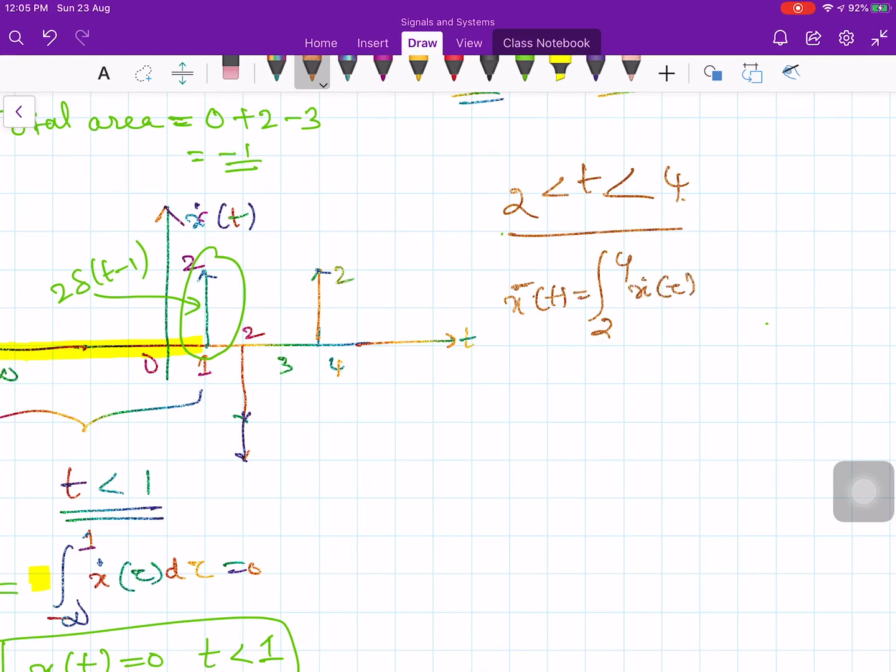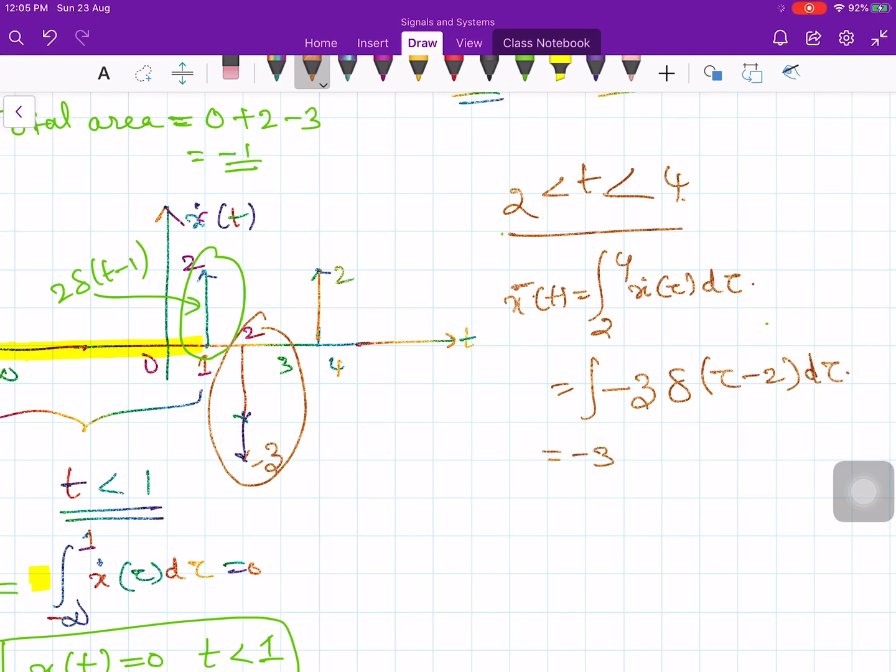d tau. In this interval, an impulse is located with an impulse strength of minus 3. So minus 3 times del of tau minus 2 d tau, located at t equals 2. You pull out the minus 3 outside, and the integral of del of tau minus 2 d tau yields 1.